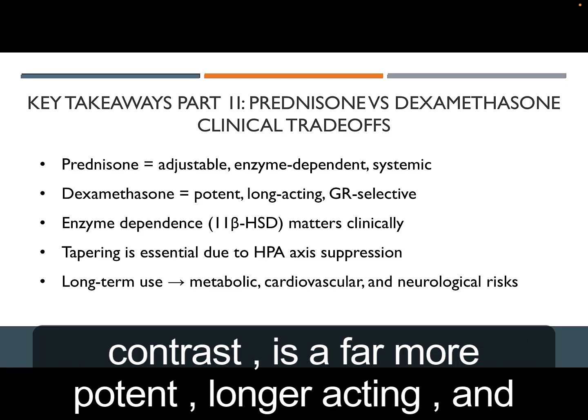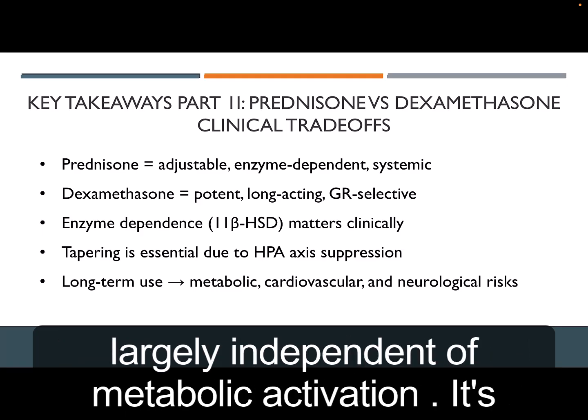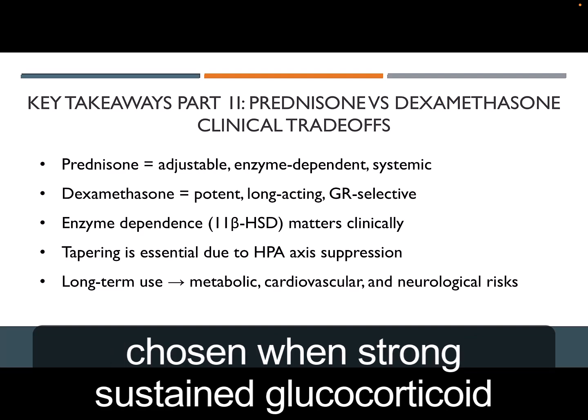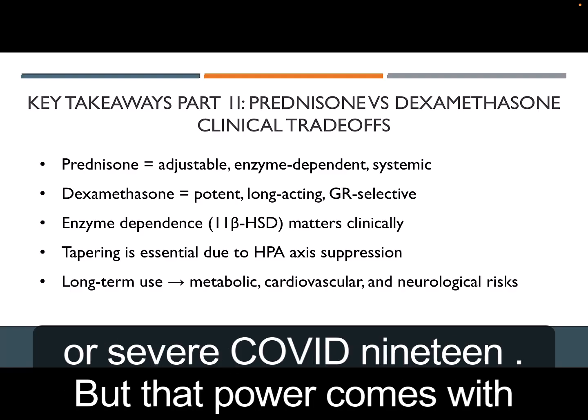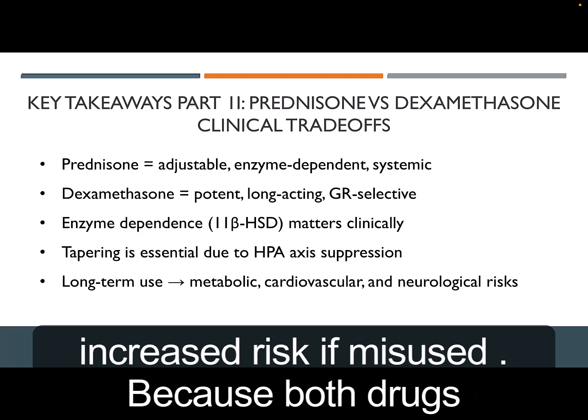Dexamethasone, by contrast, is far more potent, longer acting, and largely independent of metabolic activation. It's chosen when strong, sustained glucocorticoid signaling is needed, for example, in cerebral edema or severe COVID-19. But that power comes with increased risk if misused.